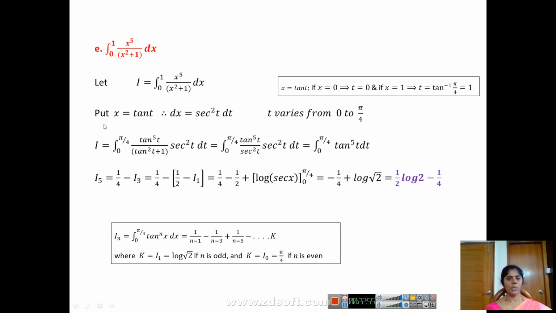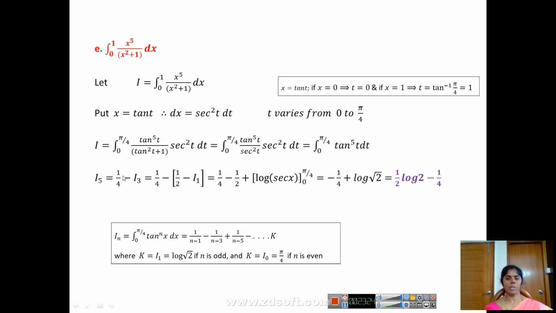So here put x is equal to tan t. Then I is equal to integral 0 to pi by 4 tan to the power 5 of t divided by tan square t plus 1, secant square t into dt, which is equal to integral 0 to pi by 4 tan to the power 5 of t divided by secant square t. So after simplification it is integral 0 to pi by 4 tan to the power 5 of t into dt.